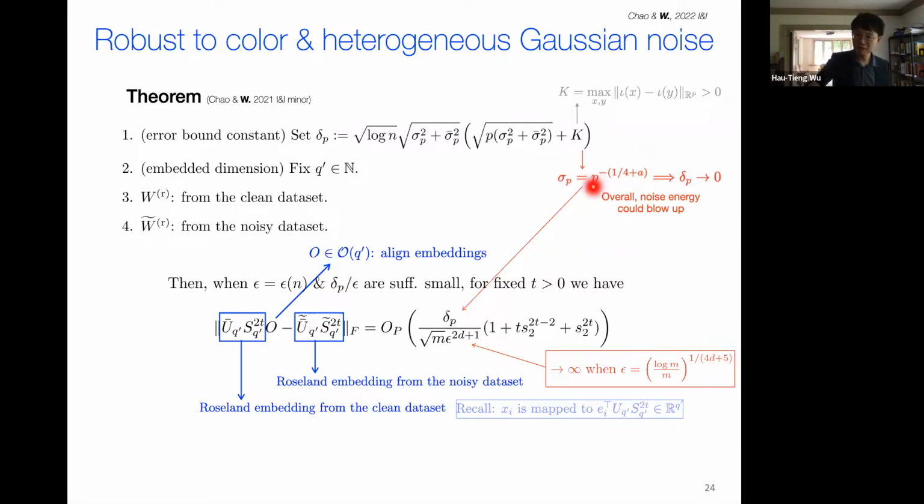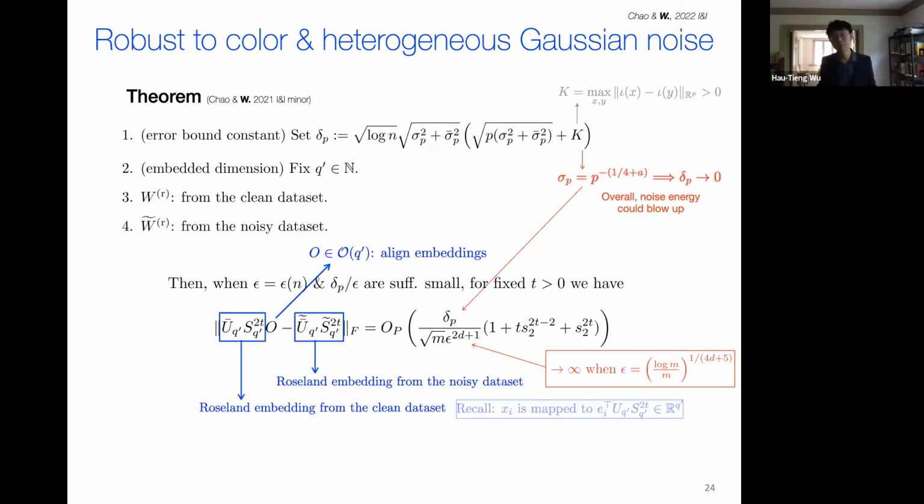However, if you take a look at this power, the interesting part is it tells you that the overall noise will blow up to infinity at the rate of square root of p, which is considered to be big noise. Usually, when people do noise analysis, they consider noise level to be 1 over p, which means the overall noise level is fixed or even converges to 0.